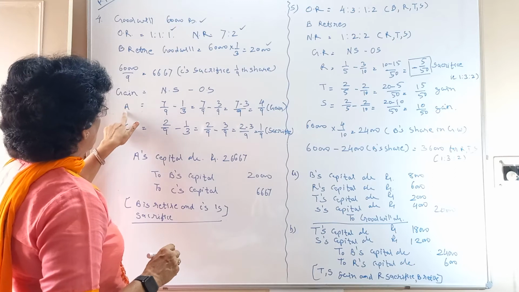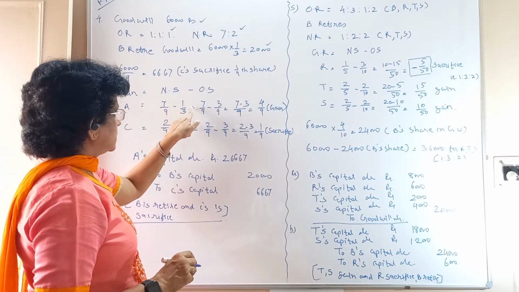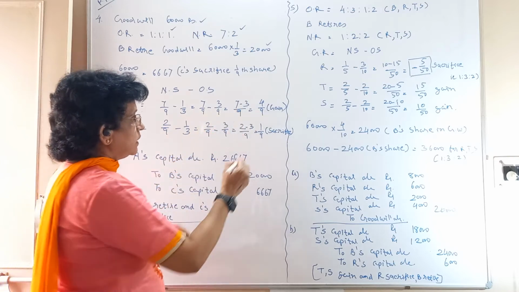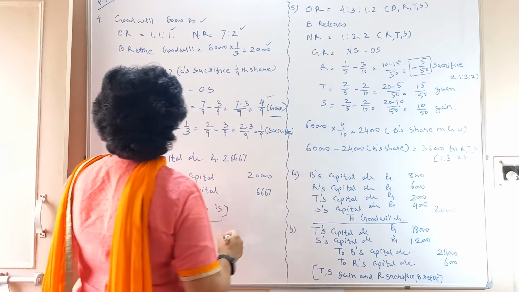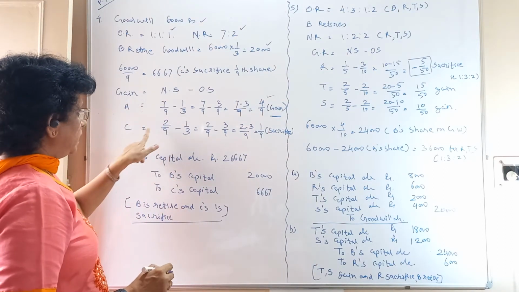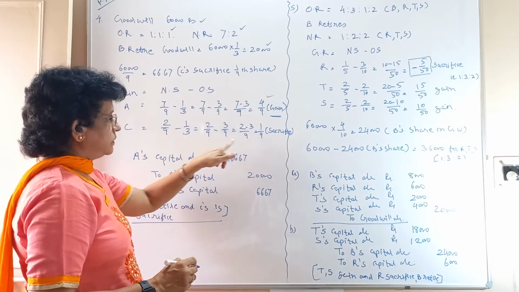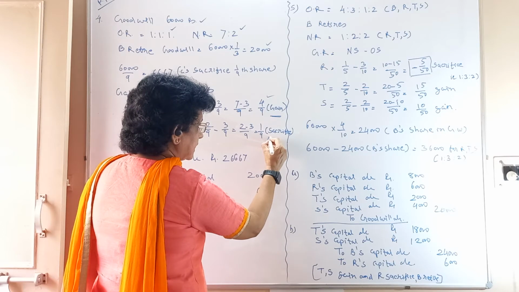Here the gain of A, the new ratio is 7/9, old is 1/3. If you calculate, you will get 4/9. That is the gain for partner A. For C, if you calculate 2/9 minus 1/3, you will end up with 1/9 as a sacrifice.